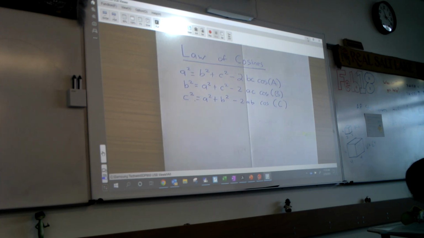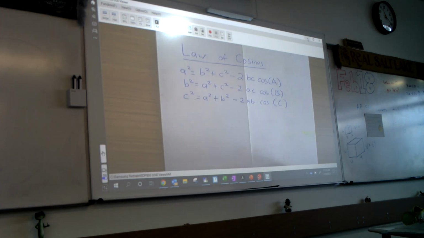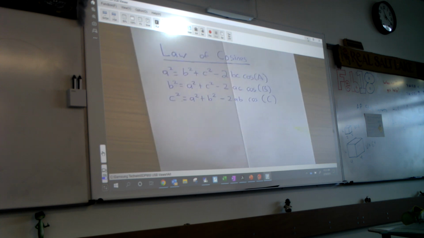All right. Now, let me give you a second to write it, but we're going to do two examples of these. We can do law of cosines to find a missing side, or we can use it to find missing angles, but only if we're given the right combination, okay?